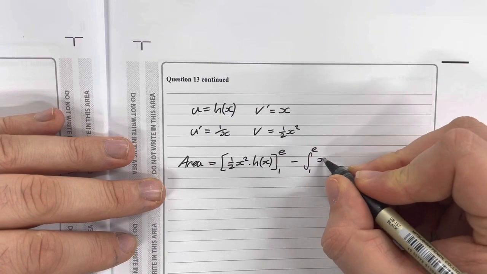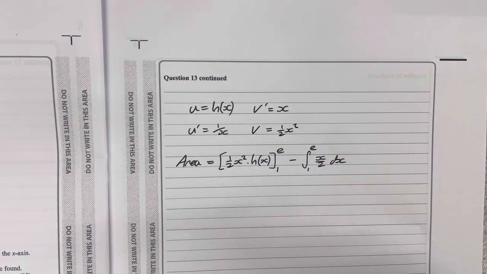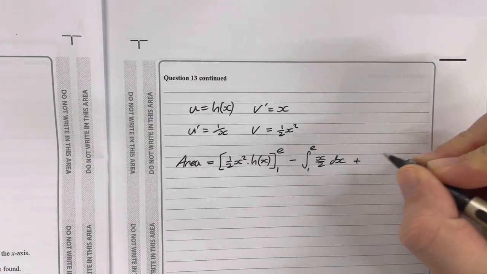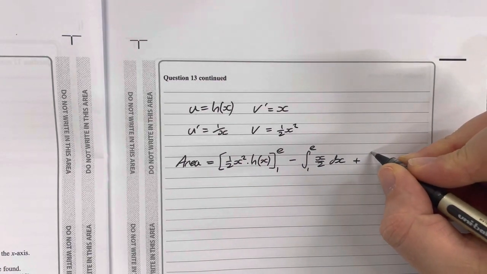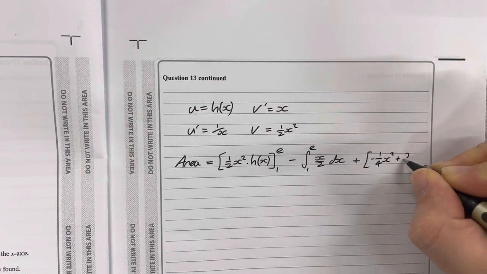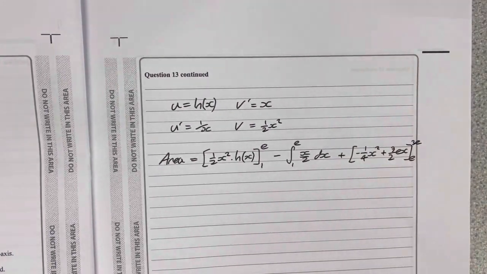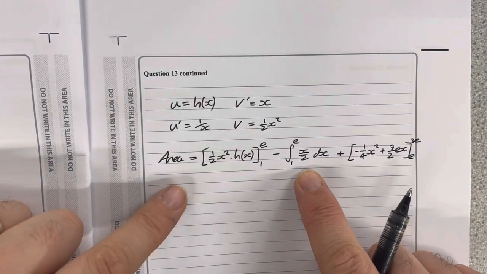So that is just x on 2 dx. And then I've got to plus the remaining integral, which comes out to be minus a quarter x squared plus 3 halves ex, and that's between e and 3e. Okay, just that integral to go.